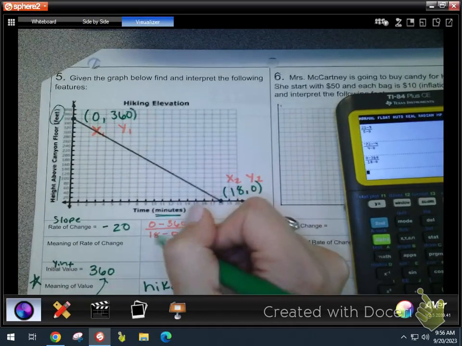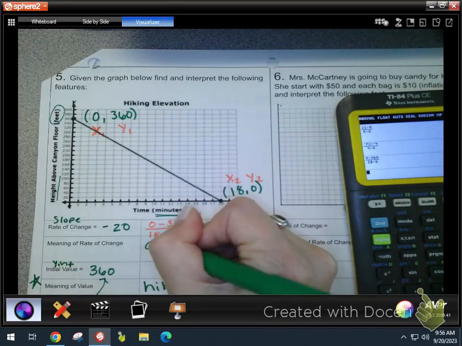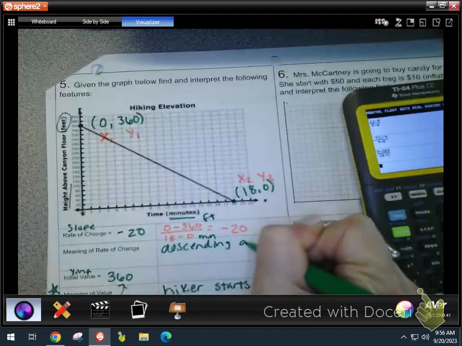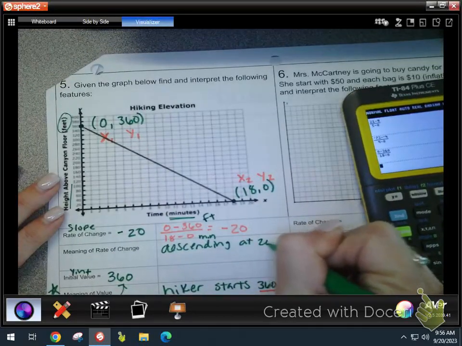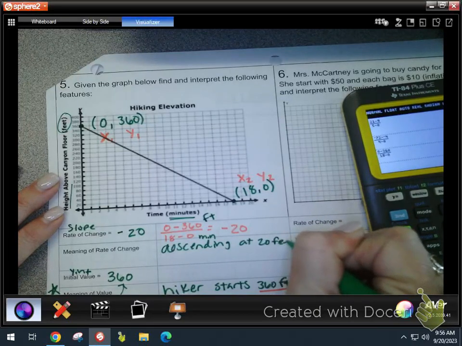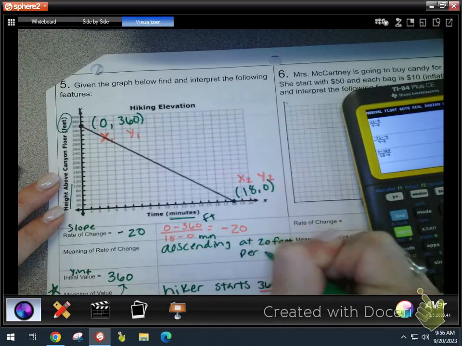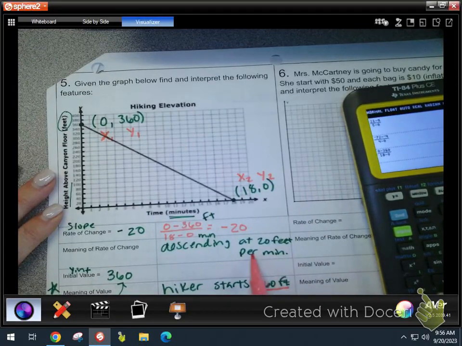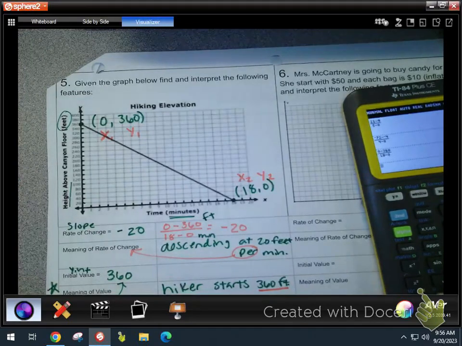So we are descending at 20 feet per minute. Again, there's that key word, per. Key word always has to do with slope. So if you're writing the meaning of the slope, you better be writing per or each or every or something like that there. Okay? All right, final thing.